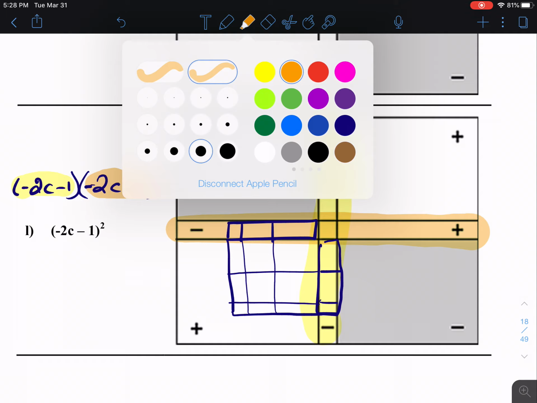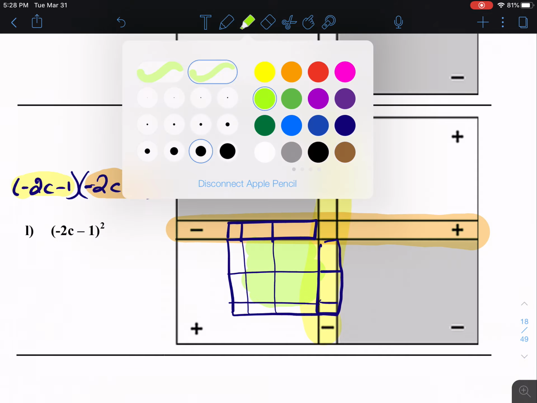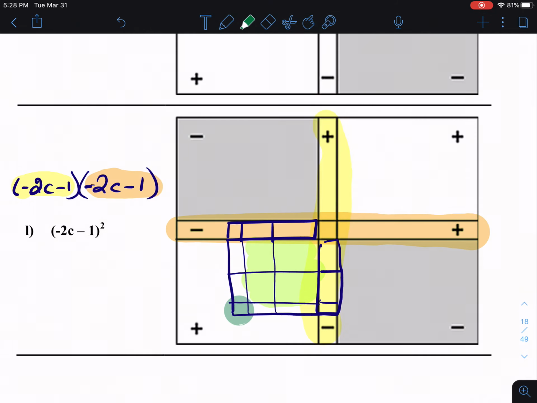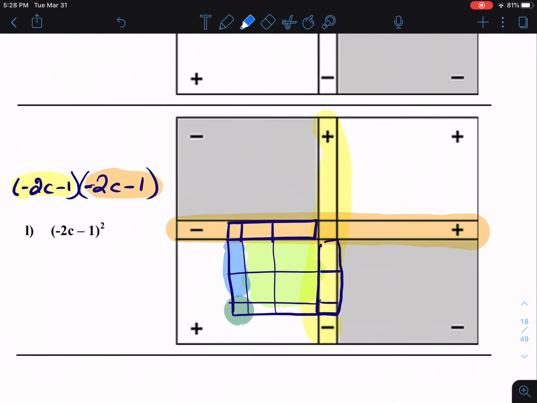Now let's look at the regions here. We have this region of squares, a region of ones, a region of rods, and a second region of rods. So let's write this out now, and it's all in the positive.